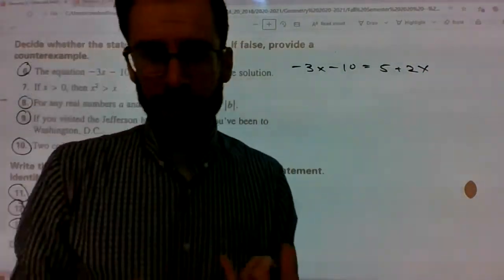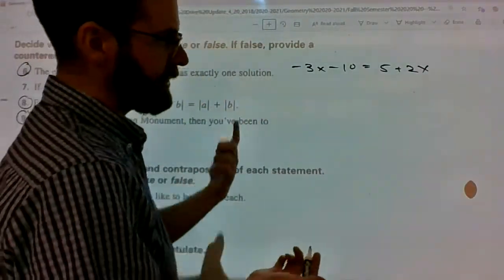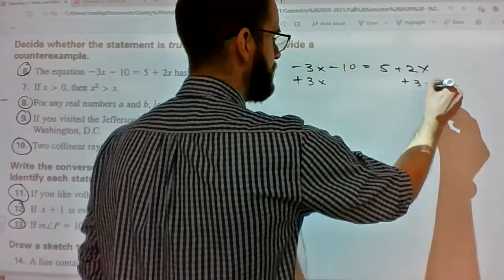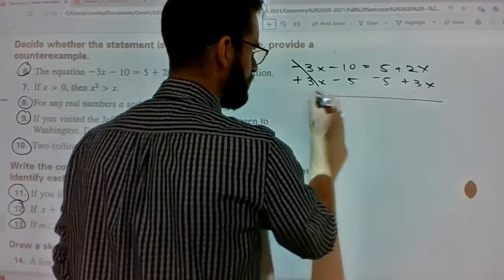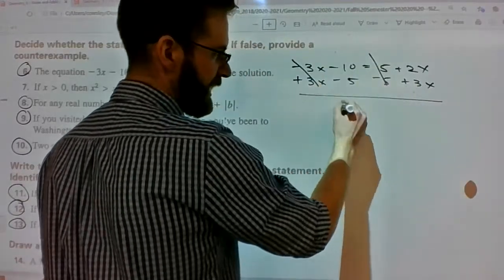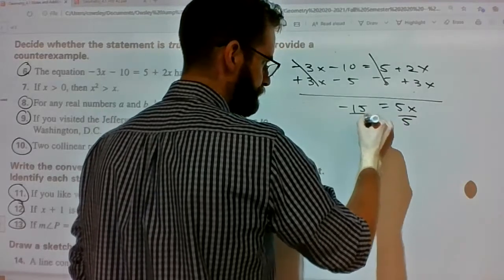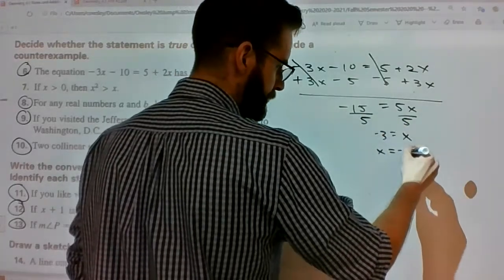Well, I want to confirm that, so I'm going to actually solve it, and we know how to solve equations. You get the x's on one side, get the constants on the other. This is negative 15. This is 5x. Divide by 5. So the solution is x equals negative 3.